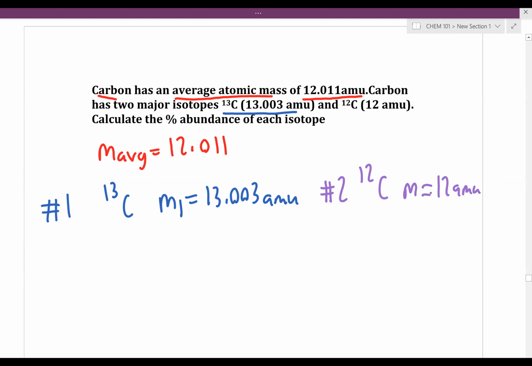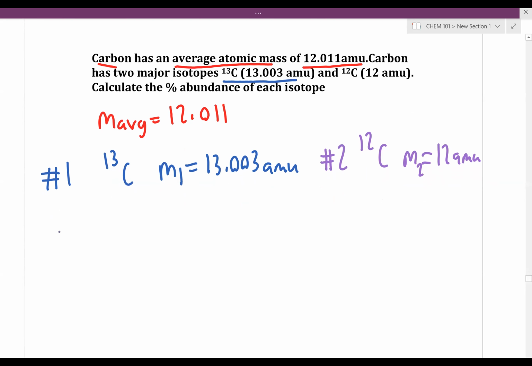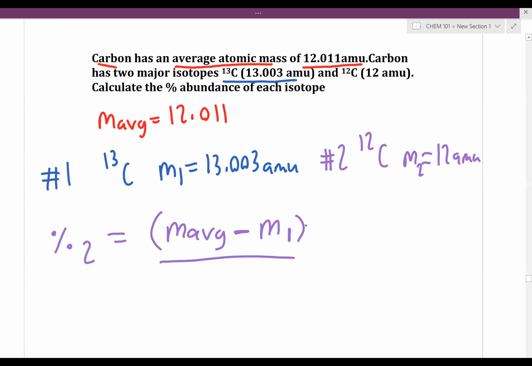Okay, now that we have the mass of each isotope, so this is mass 2, and we have the average atomic mass, let's write out our equation. So the percent abundance of isotope number 2 is equal to the average atomic mass minus the mass of isotope 1, times 100%, divided by the mass.